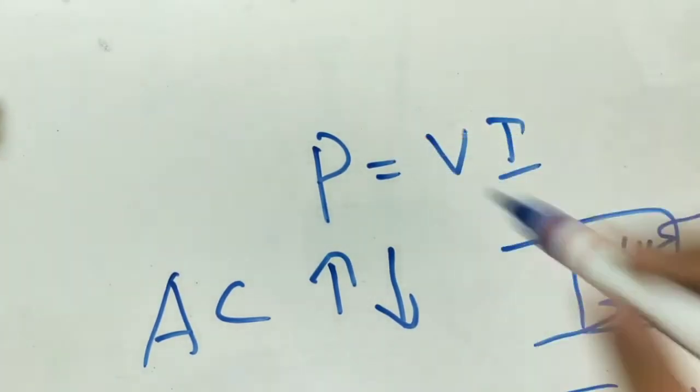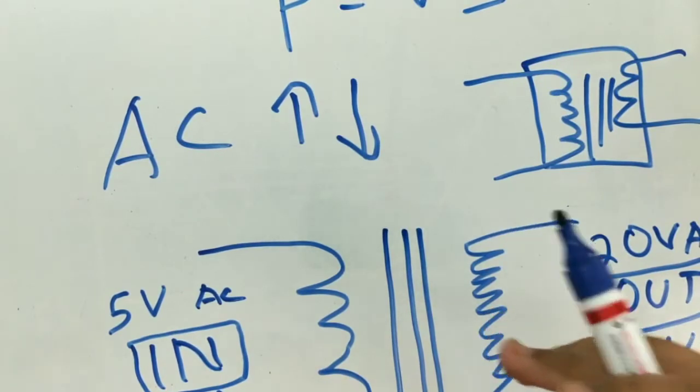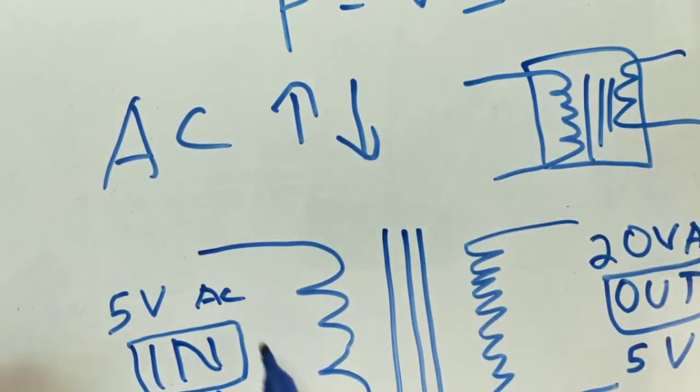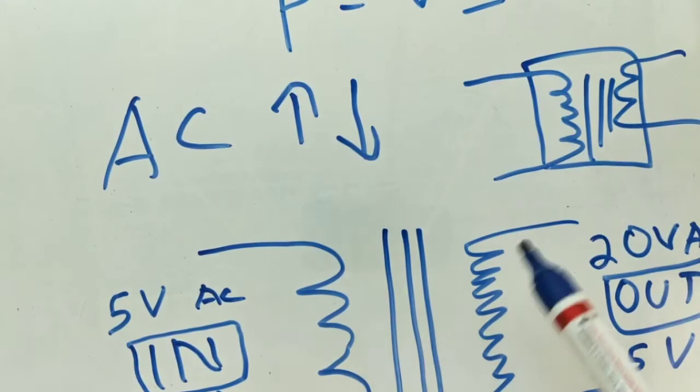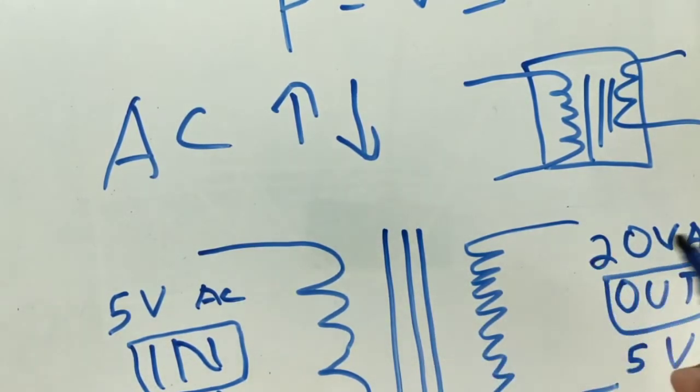So power in a transformer, we can't increase the power. The power in the input and the output will be almost the same, because there might be losses in the transformer due to eddy current and the resistance of the primary coil and the secondary coil, so the power cannot be increased.